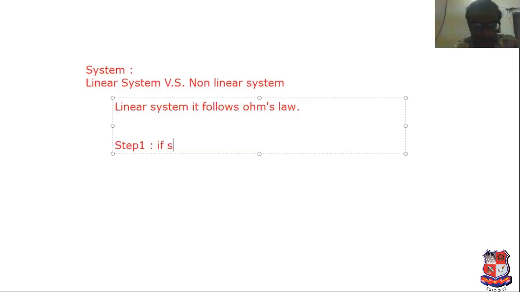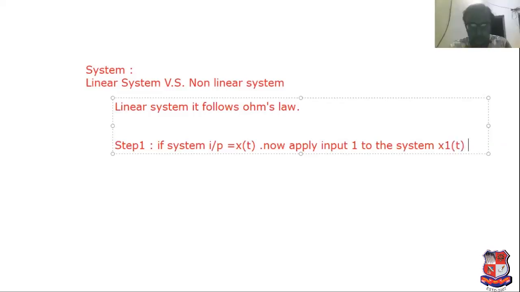So if system input equals x of t, now apply input 1 to the system, x1 of t, so get output y1 of t. This is considered step 1.